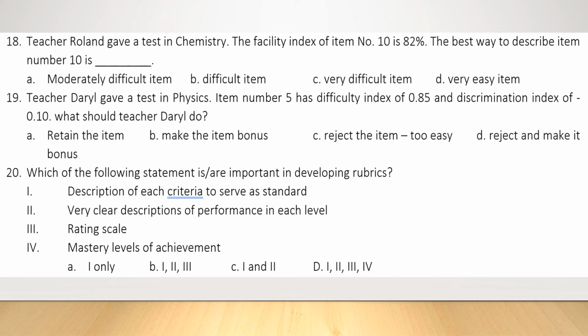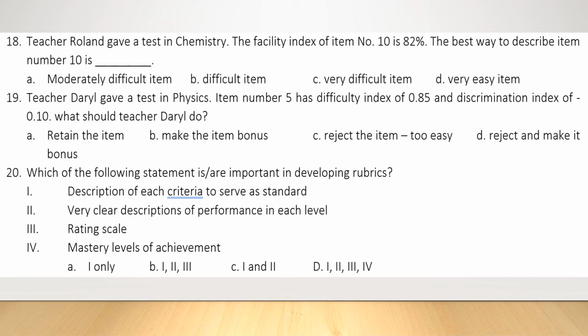Pero kung daghan ang nakuha from the upper group kaysa lower group, then that particular test item has good discrimination index. Okay siya. Kay ang atong purpose sa exam is to really find the students who are performing, kinsa ang deserving nga maka-license.